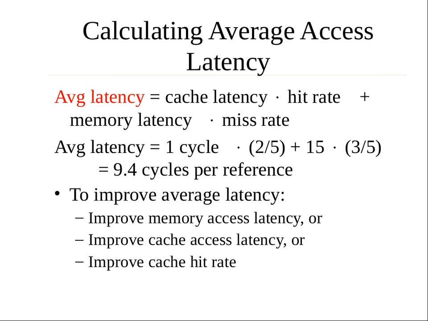In other words, miss rate of the L1 cache, you got it. So if we want to improve average latency, improve memory access latency, improve cache accesses, or improve the cache hit rate, because if we could have that 2/5 be higher, maybe 4/5, then we'd have a better average latency of our memory accesses.